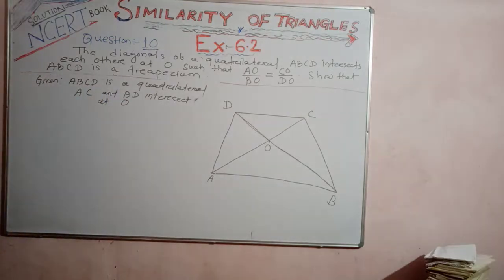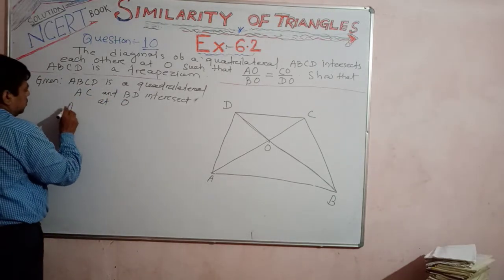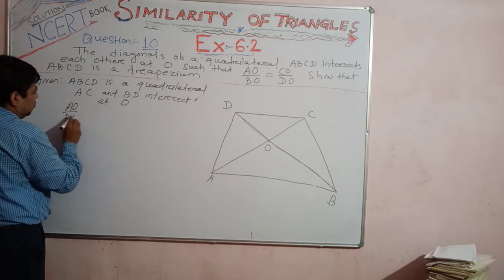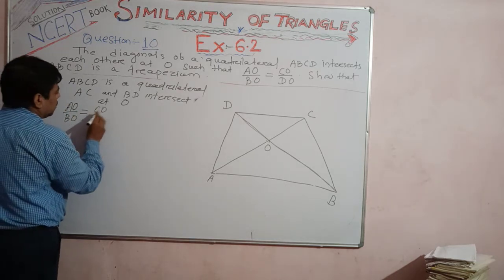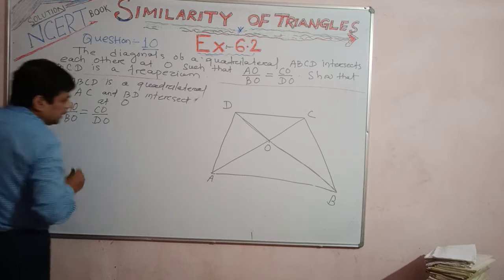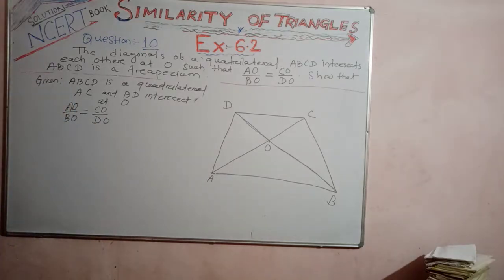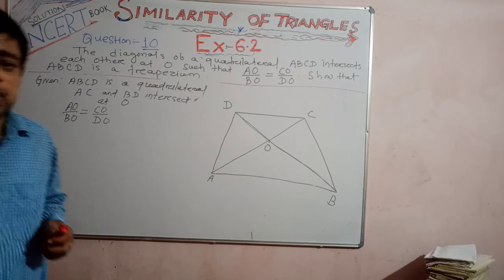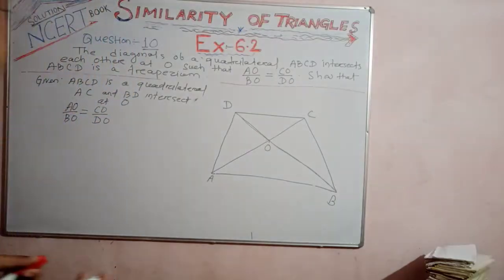And again it is given that AO upon BO is equal to CO upon DO. It is also another fact given that AO upon CO is equal to BO upon DO. Okay, understand?